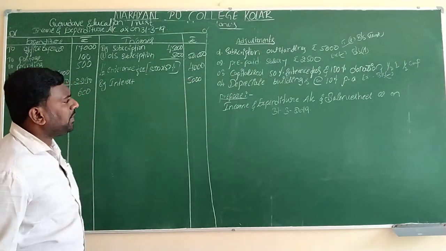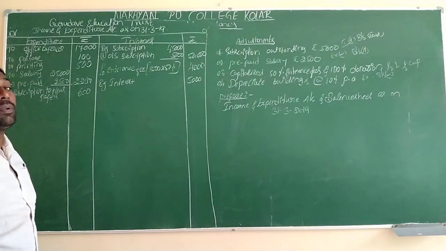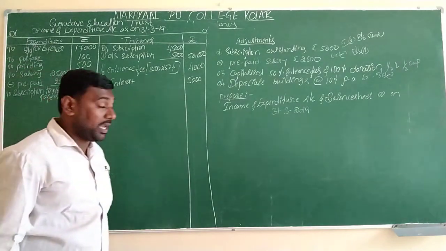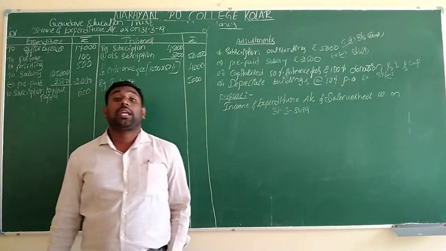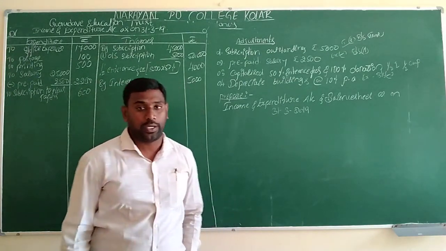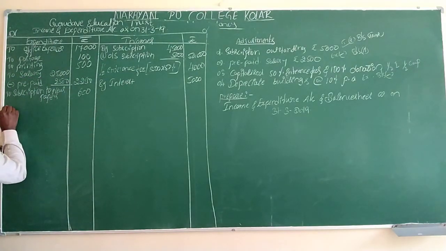And the last adjustment: depreciate buildings at 10% per annum. Depreciation is an expenditure. Here the value is not given, but a particular rate, a particular percentage, is given, so we have to calculate the value of depreciation.